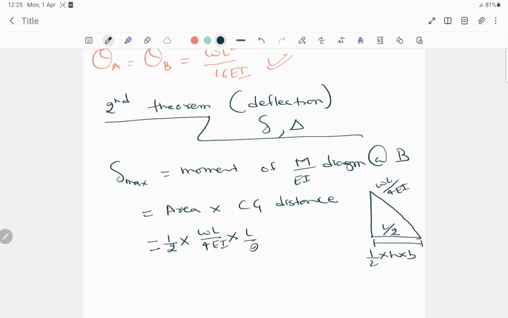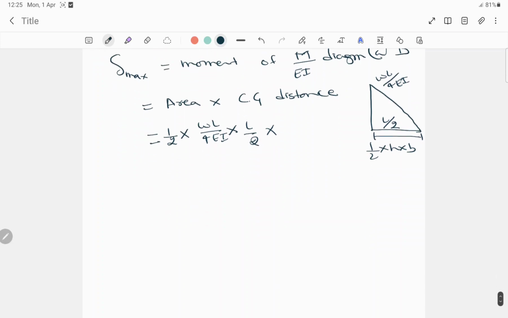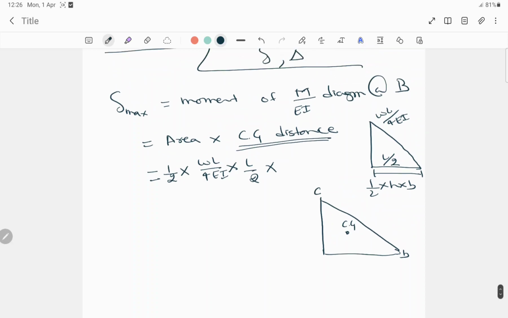Then we have to find the CG distance. For this triangle, the CG will act at the center. Here I have written the moment of the M by EI diagram at B.